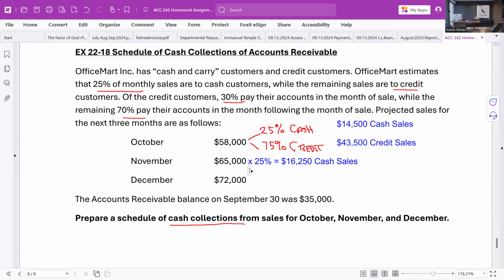And when we multiply times 75%, that is going to equal 48,750 in credit sales.